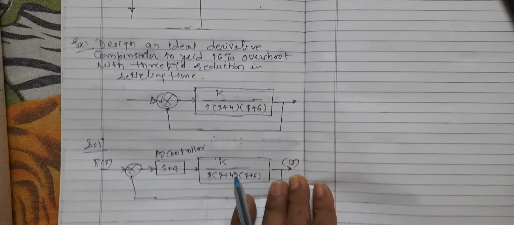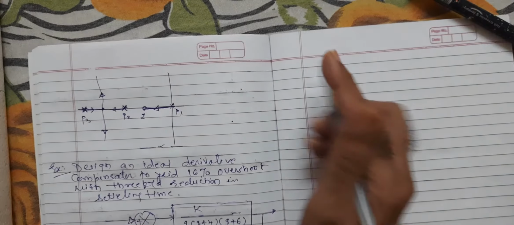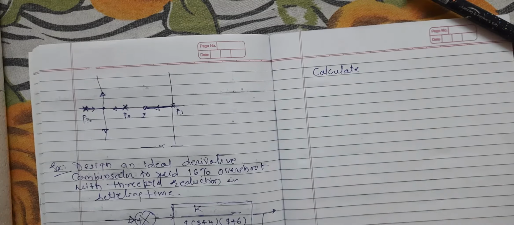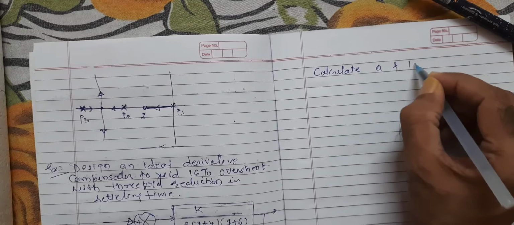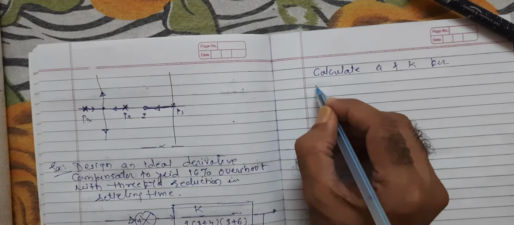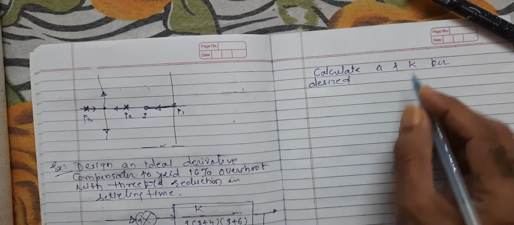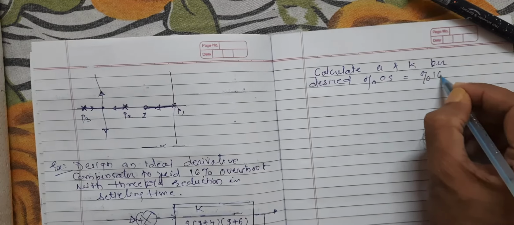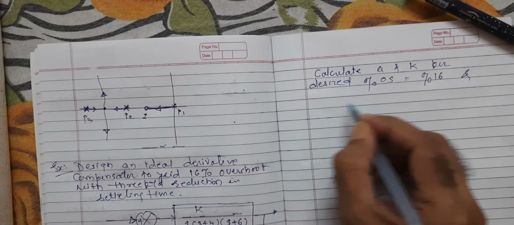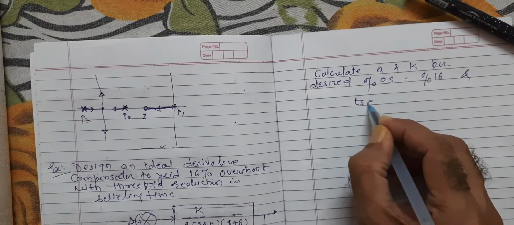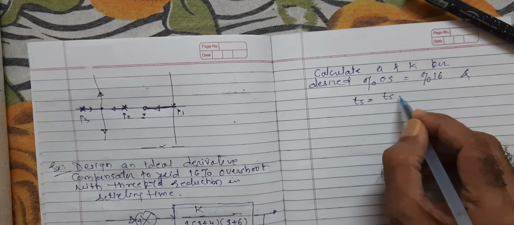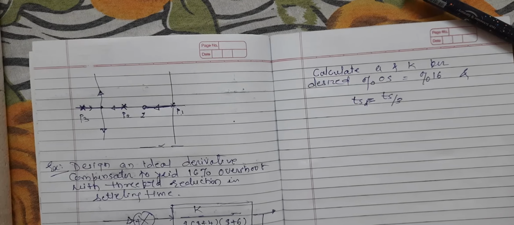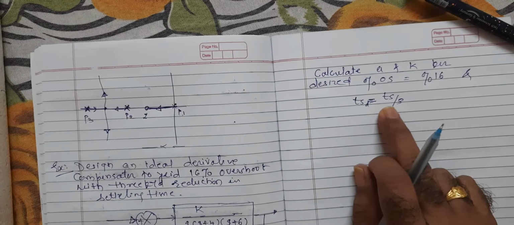So now we can calculate a and k for the desired percentage overshoot equal to 16%, and ts equal to ts by 3. This is my desired settling time, which is my initial settling time divided by 3.